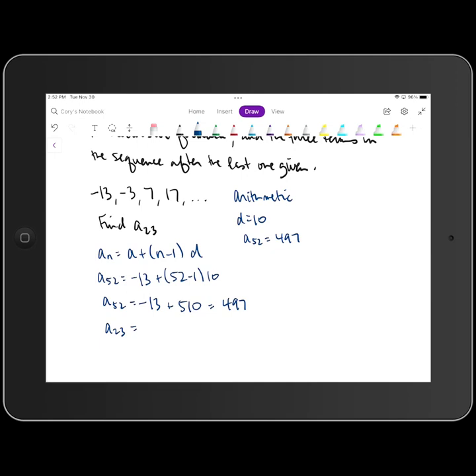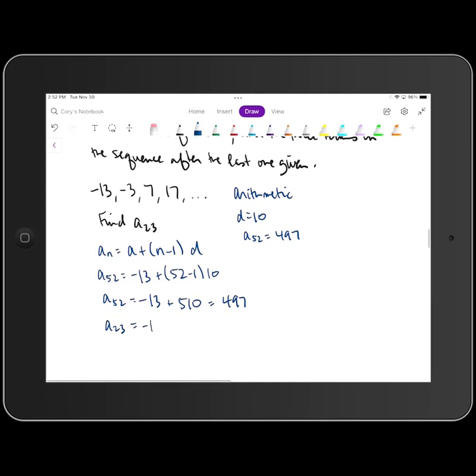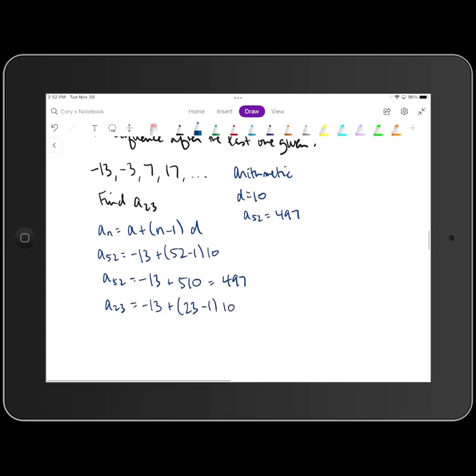A plus n minus 1 times d, so our a value is negative 13, plus n, in this case n is 23, minus 1 times the common difference d, which is 10. And then to simplify this here, we get negative 13 plus 23 minus 1 is 22 times 10 is 220. And negative 13 plus 220 is 207. So a of 23 is 207.